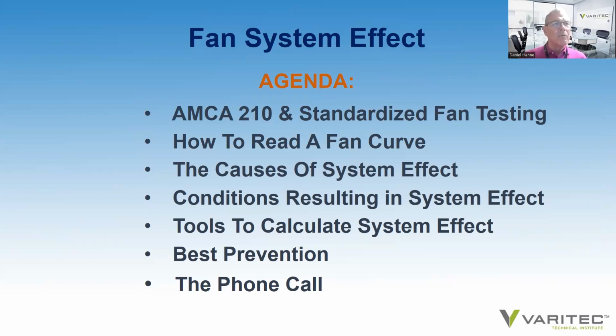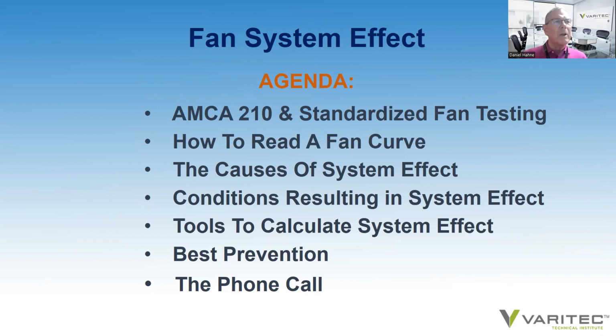We're going to cover multiple items regarding system effect. First of all, we're going to look at AMCA 210 and standardizing fan testing methodology. Then we're going to look at AMCA 201 and what that document says with regard to calculating system effect when we're confronted with that condition.